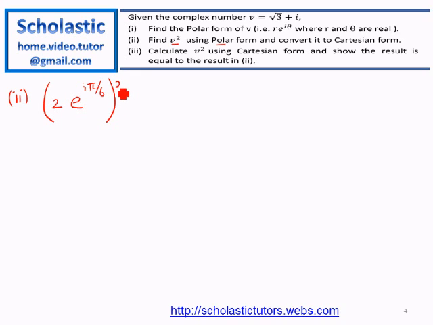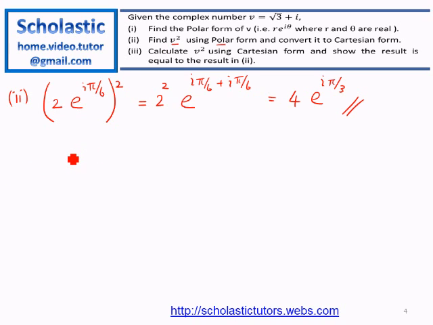When you take the square, 2 becomes 2 to the power 2, and e to the power i pi by 6, when squared, we add the exponent again, i pi by 6. That means 4 e to the power i pi by 3 is the answer in polar form.